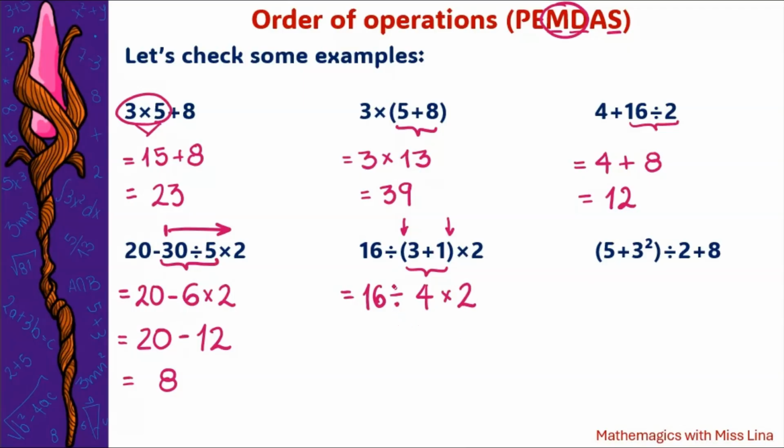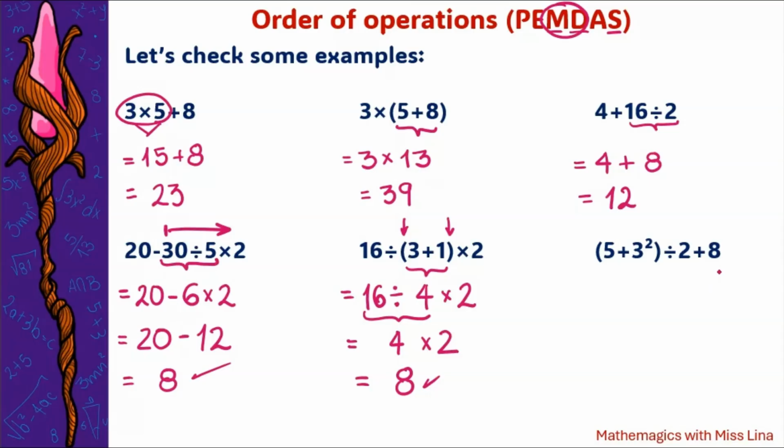Again, I'm left with a division and a multiplication. So from left to right, 16 divided by 4 is 4, since 4 times 4 is 16, and times 2, which I haven't used yet. 4 times 2 is 8. We got the same answer.